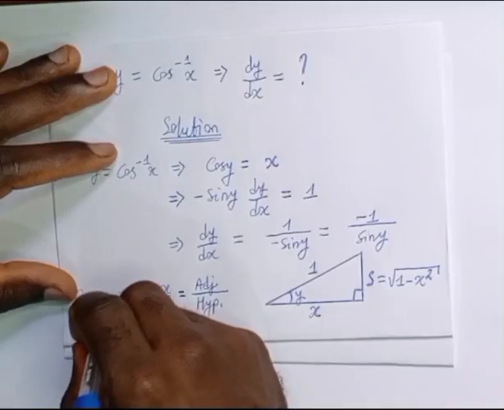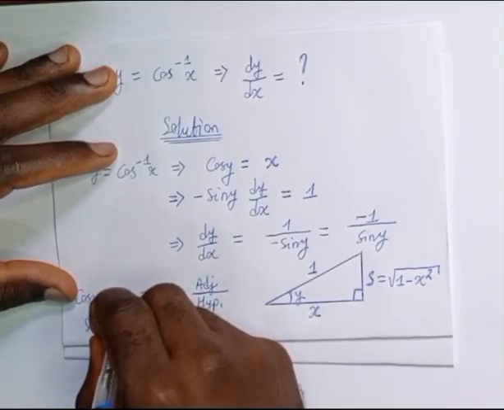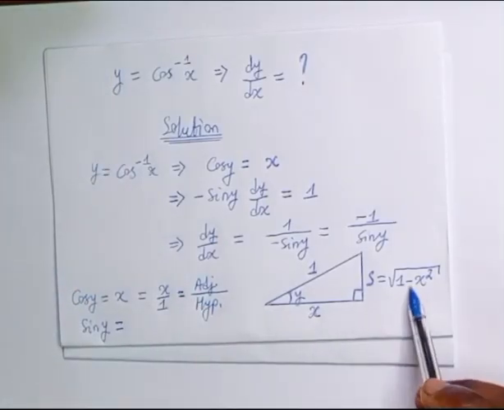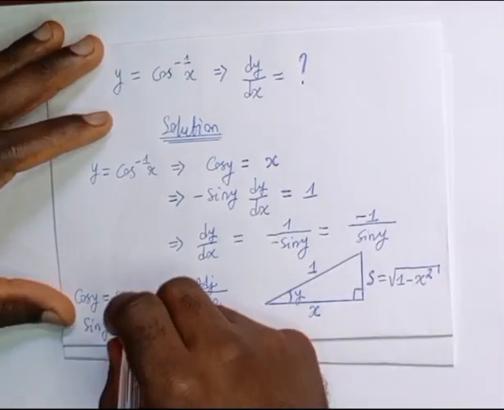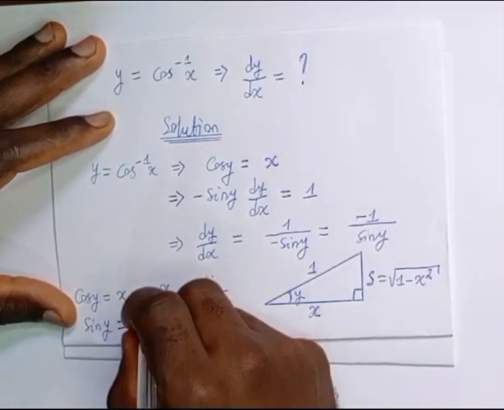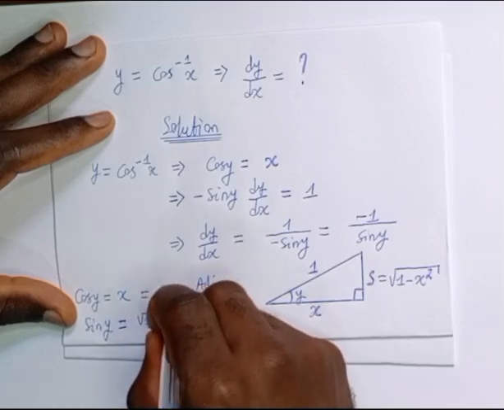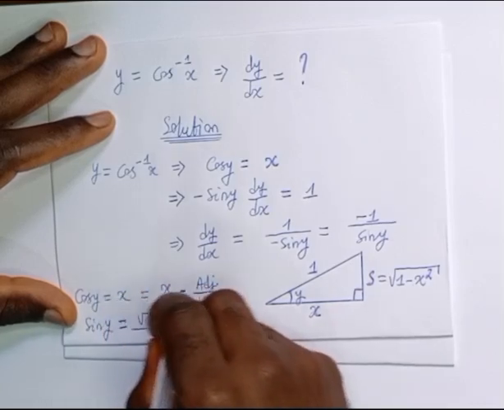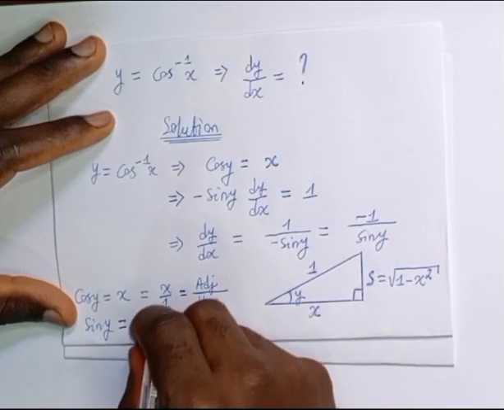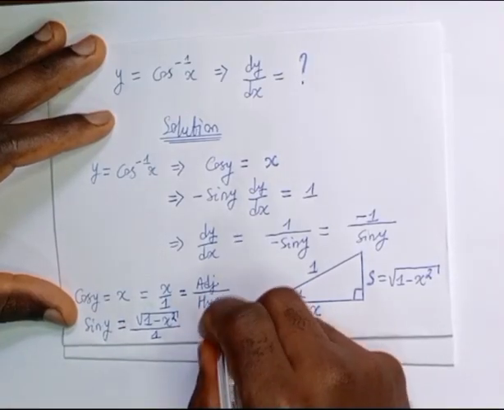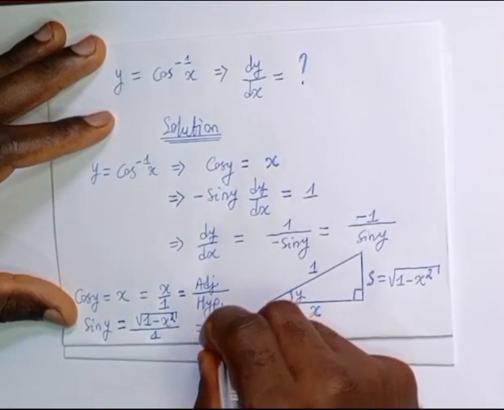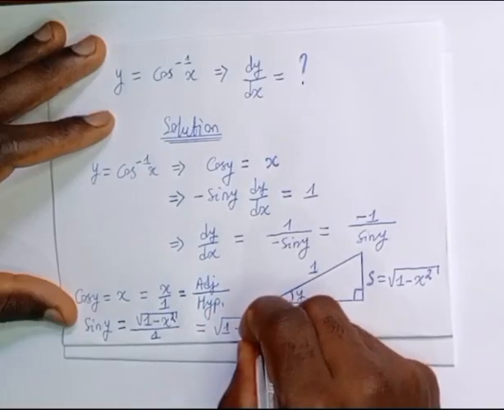The sine of the angle y is given by the opposite all over the hypotenuse. So this will give us the square root of 1 minus x squared all over the hypotenuse, which is 1, and this is simply equal to the square root of 1 minus x squared.